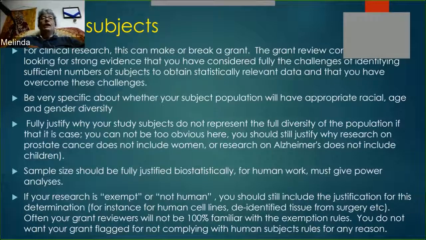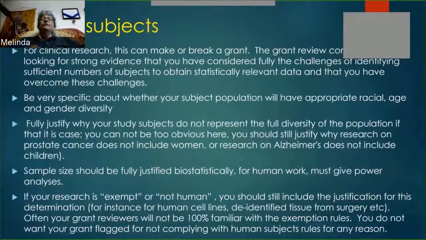Don't worry about being too obvious. It's completely reasonable, if you're doing prostate cancer, to just state why you have not included women or children. If you're doing Alzheimer's, state why you did not include children. You also want to make sure that you've given power analyses to show that your study population is big enough to basically test the hypothesis with a certain predicted effect size.